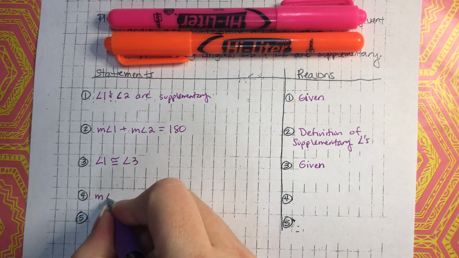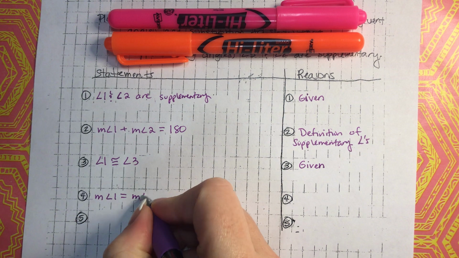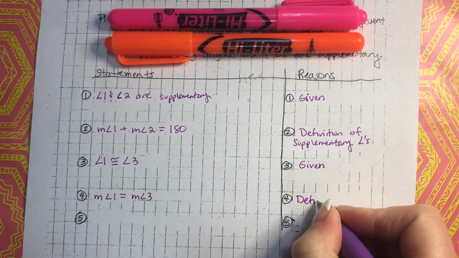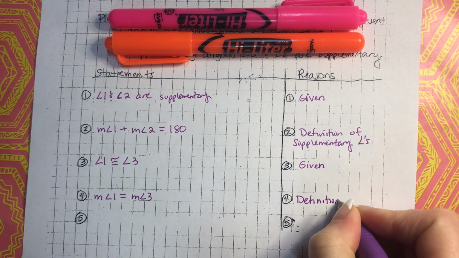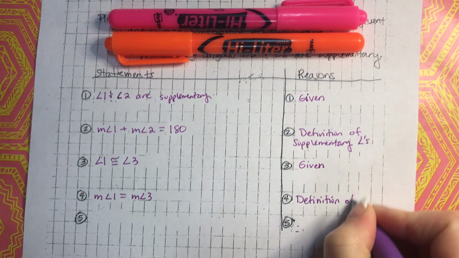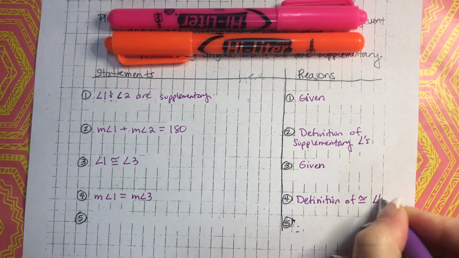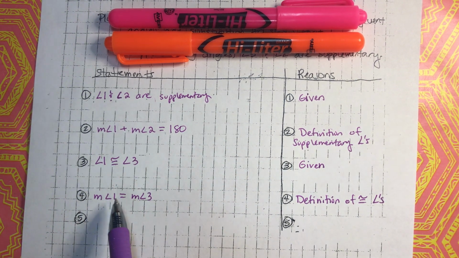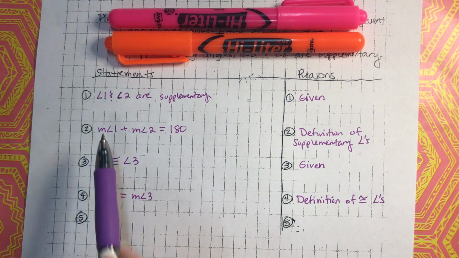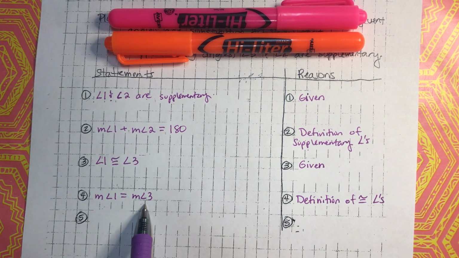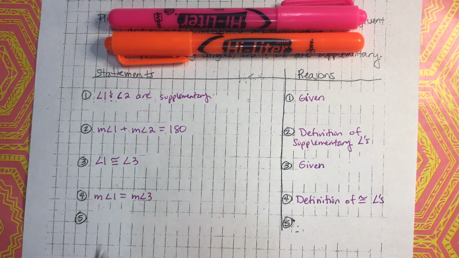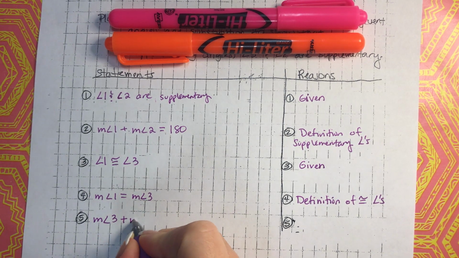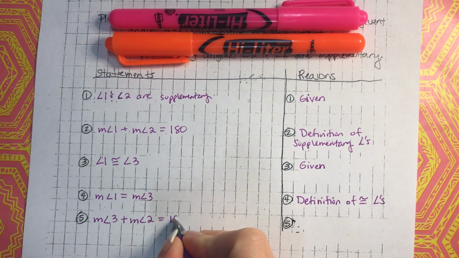I can just say the measure of angle 1 equals the measure of angle 3 by the definition of congruent angles. Now, instead of writing measure of angle 1 up here, I can substitute in the measure of angle 3. So the measure of angle 3 plus the measure of angle 2 equals 180.